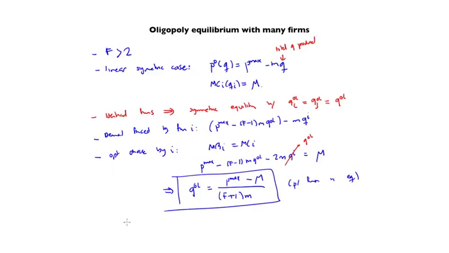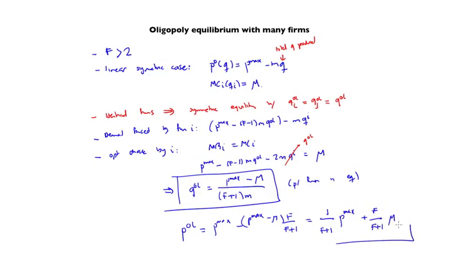Now, we also can derive the price in equilibrium by substituting the total quantity here, and we get that the price of the oligopoly in equilibrium is equal to P max minus M times F times this quantity, which is just equal to 1 over (F plus 1) of P max plus F over (F plus 1) of mu.